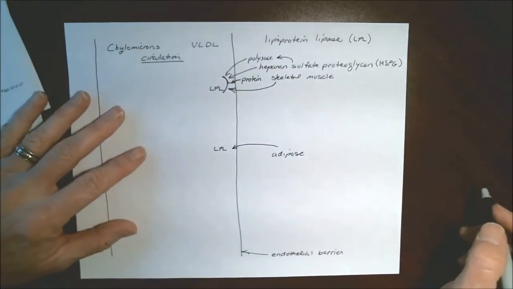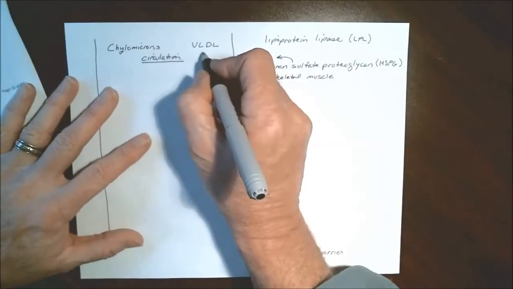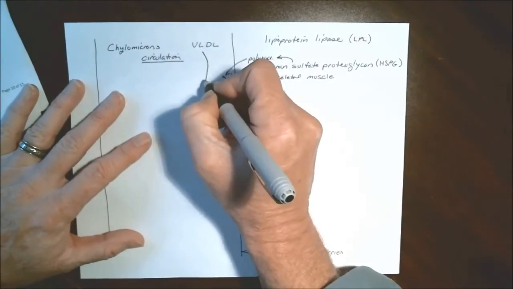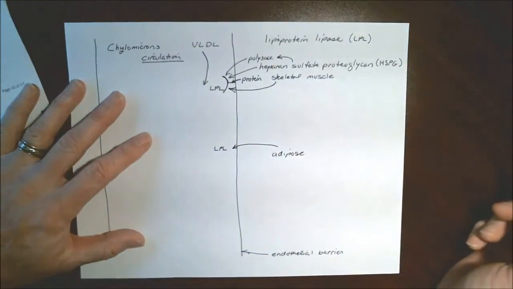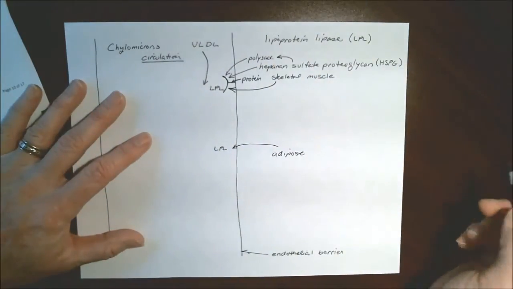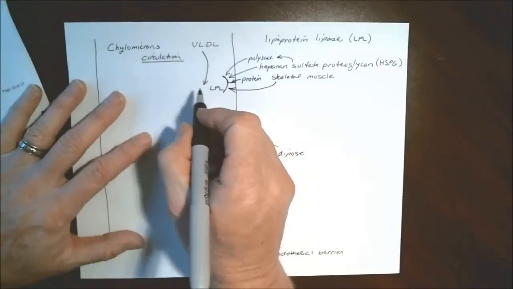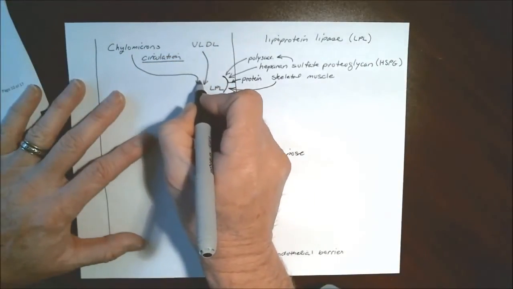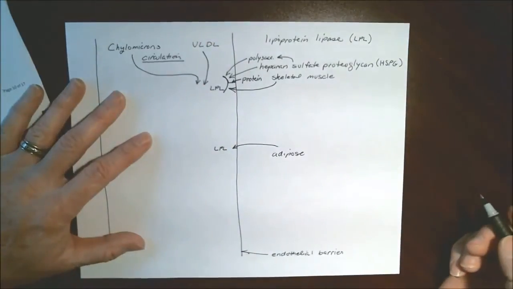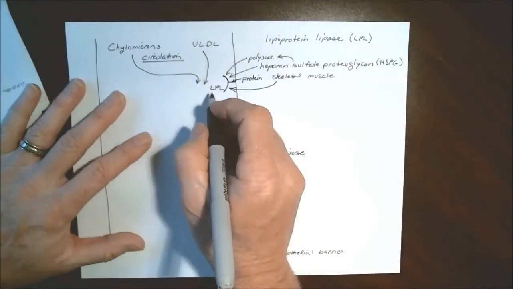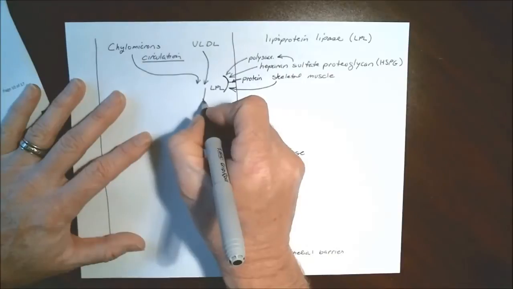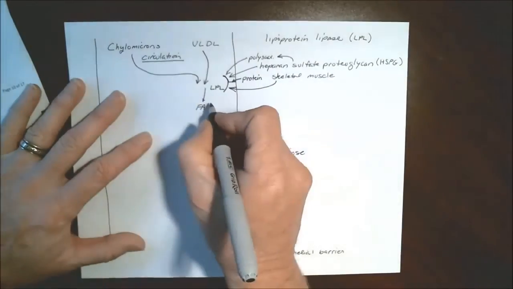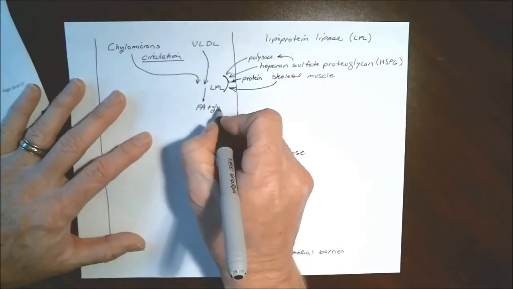Now, these structures flow by, and as they come in contact with the LPL, we have a hydrolytic reaction where the LPL releases fatty acids plus glycerol.